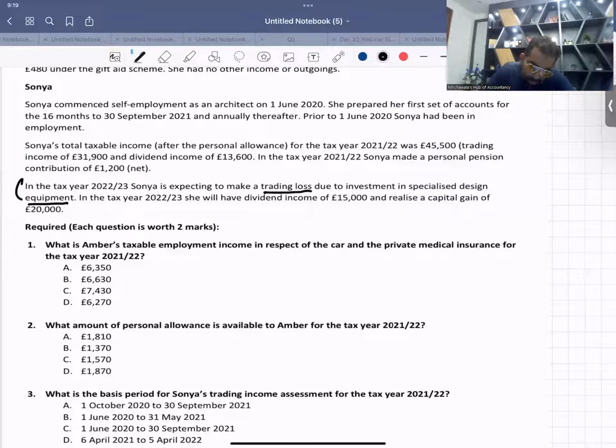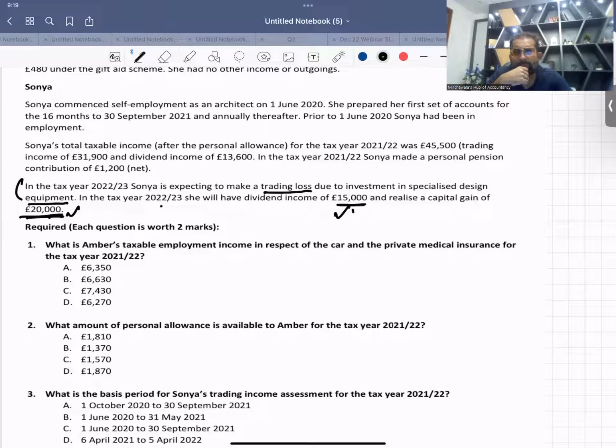In the tax year 22-23, she will have a dividend income of 15,000 and realize a capital gain of 20,000. This will be the capital gain. This will be the dividend income. And they are expecting a trading loss.